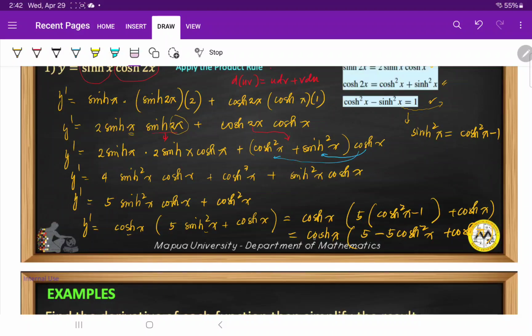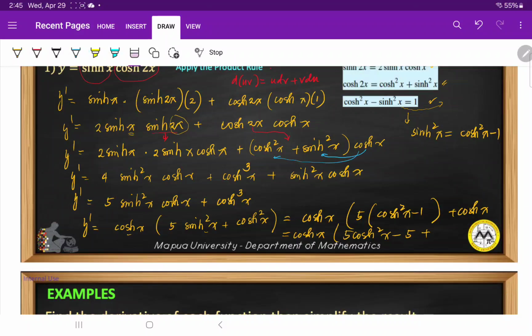And so we need to change this. Okay, so therefore we already have changed this into hyperbolic cosine square x minus 1. Now if we distribute, we'll have 5 cosine square x minus 5, then plus, hold on, there is something wrong with this.